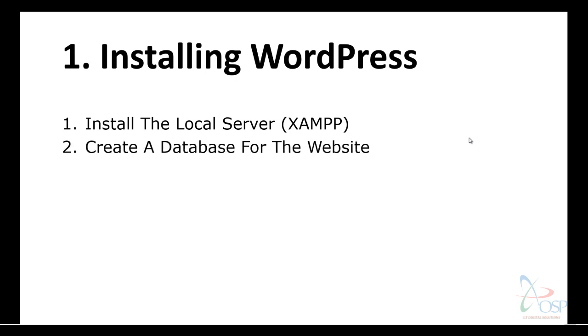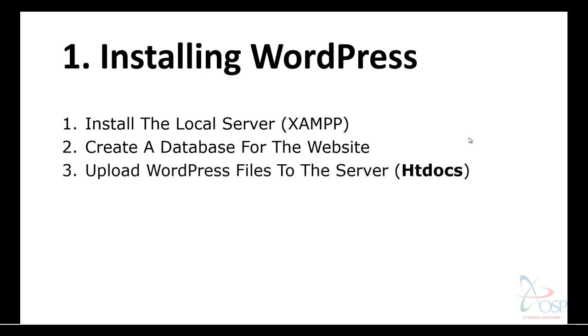We also need to create the database, because a website with WordPress is called a dynamic website. A dynamic website needs a database to store data and allow the retrieval of data, which can be automated. Thirdly, we have to upload our WordPress files to the server.